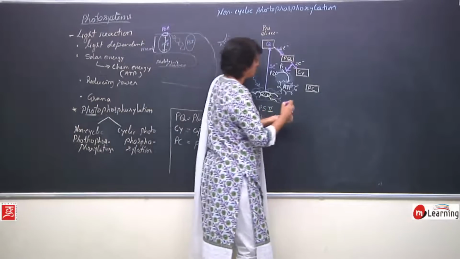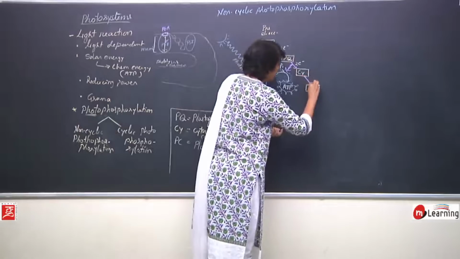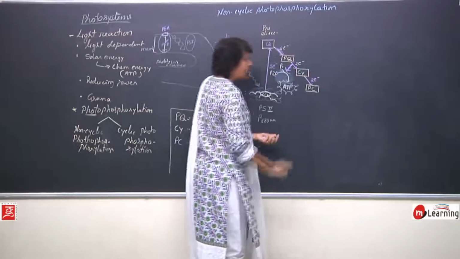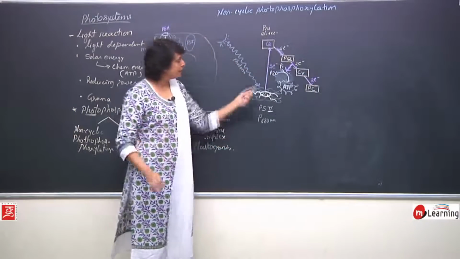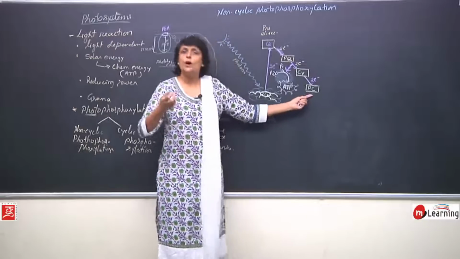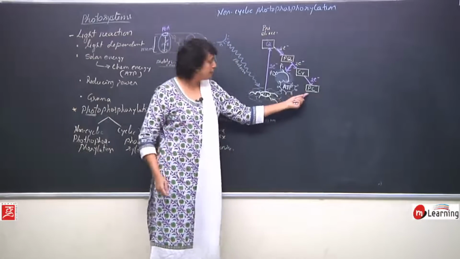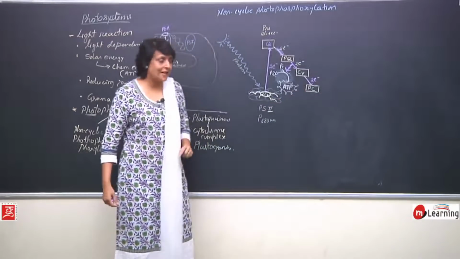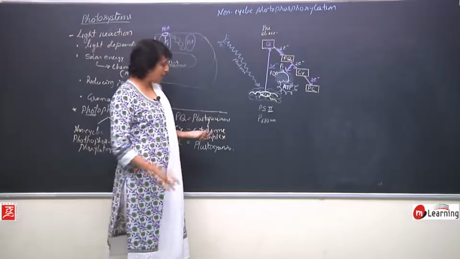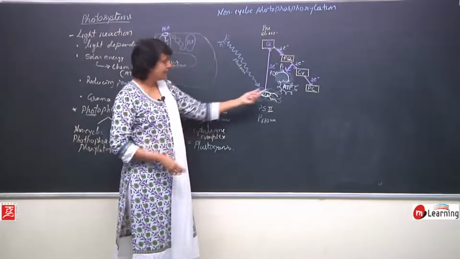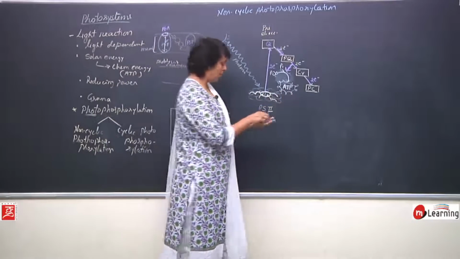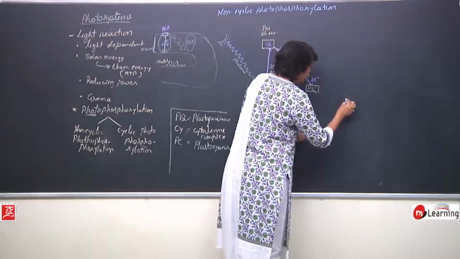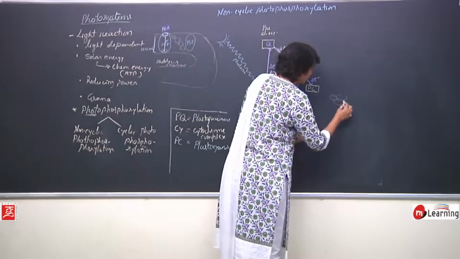Now this electron pair has released all that extra energy and comes down to the third electron acceptor, that is plastocyanin. From plastocyanin, this electron pair will go to another photosystem.